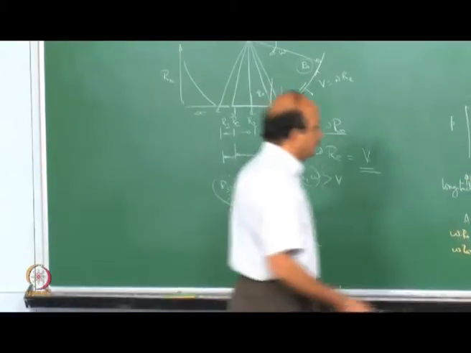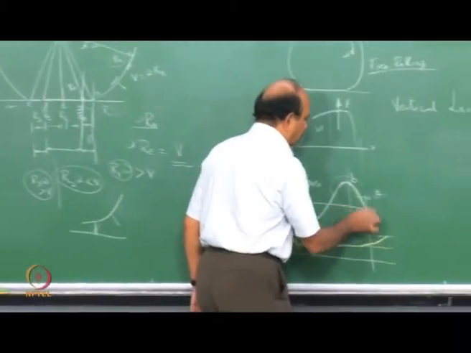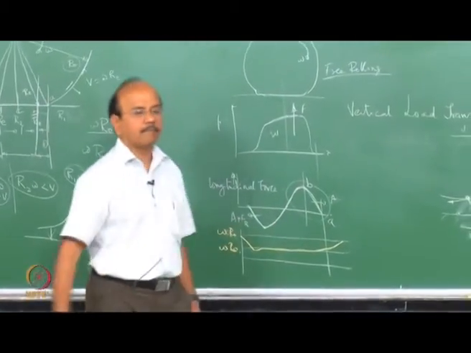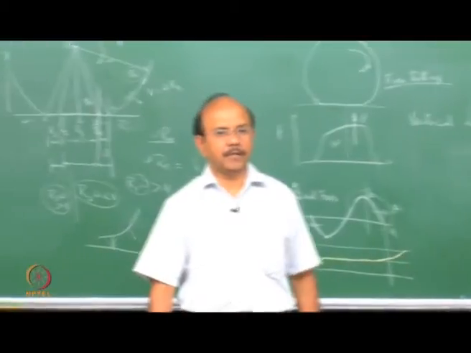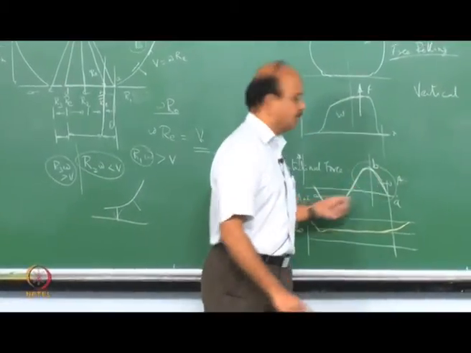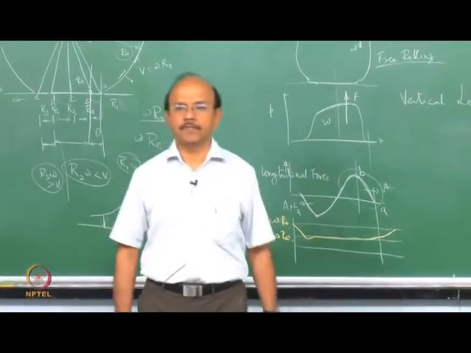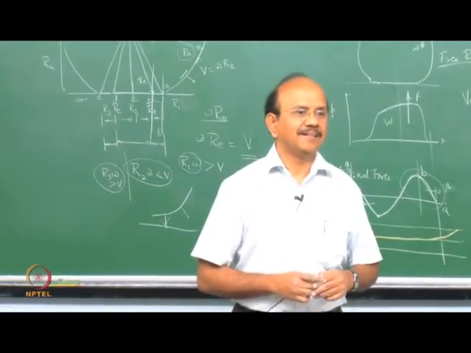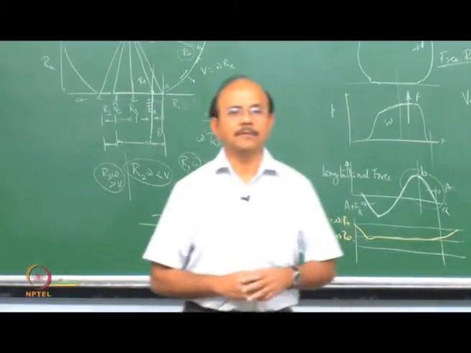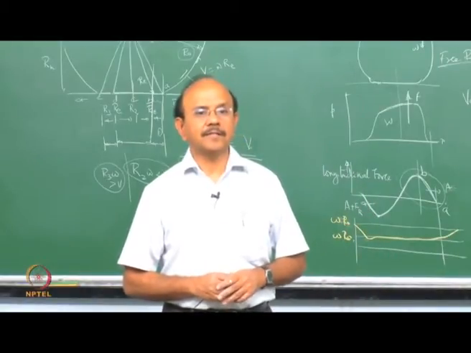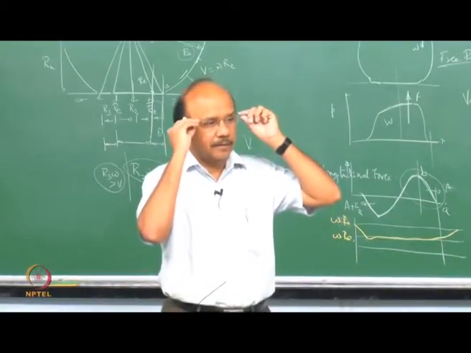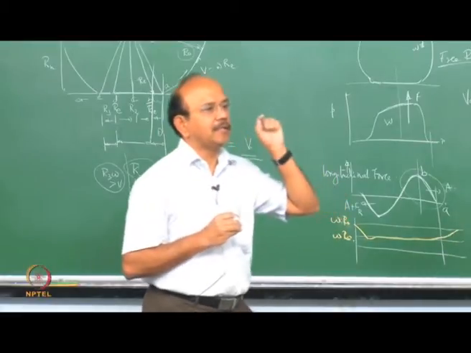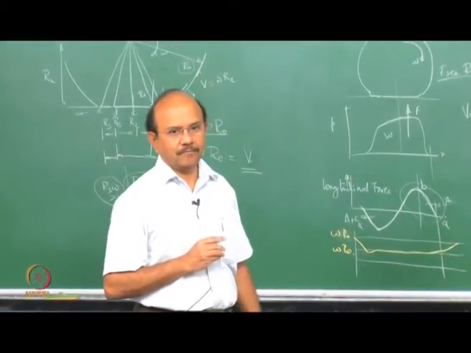But interestingly, if you look at the sum of the longitudinal forces, this is in one direction and this is the other direction. The sum of the longitudinal forces is not equal to 0, because even in free rolling, we have what is called rolling resistance.